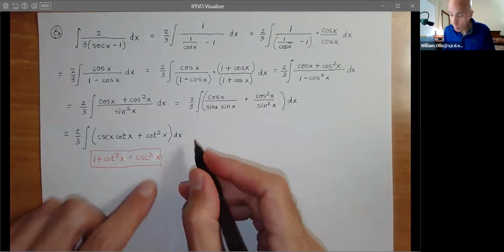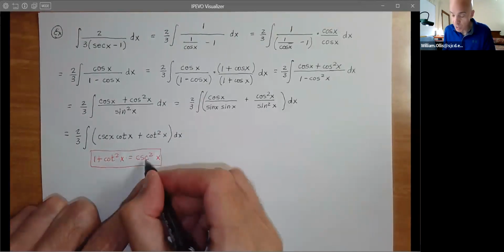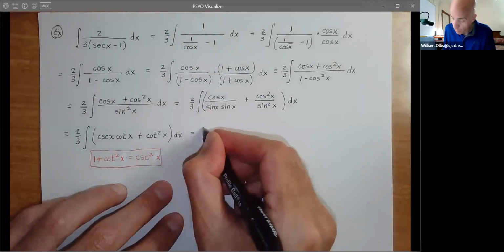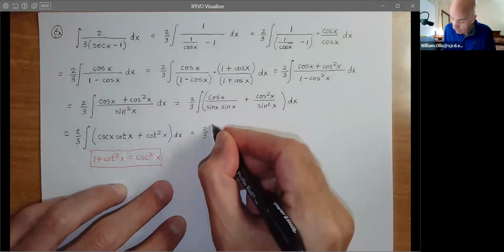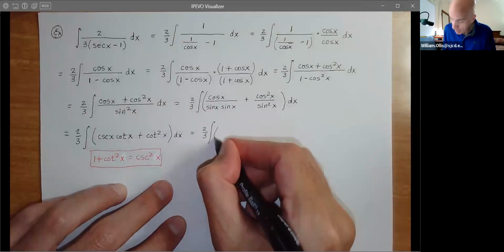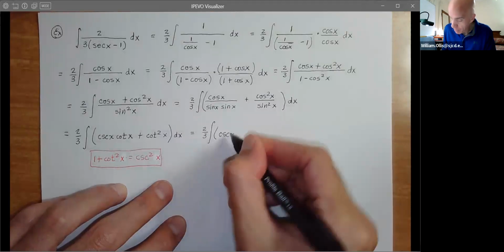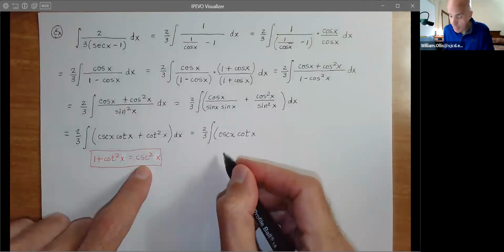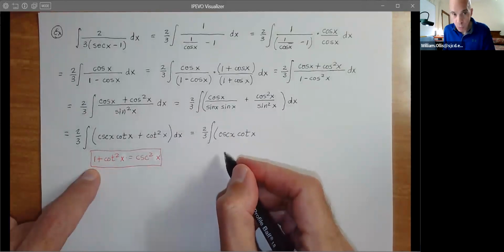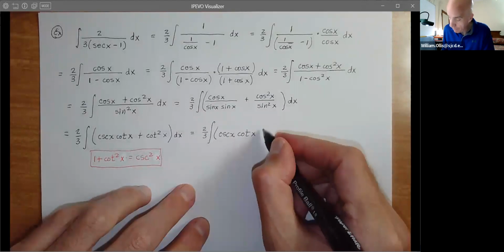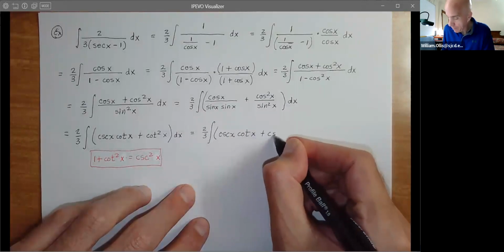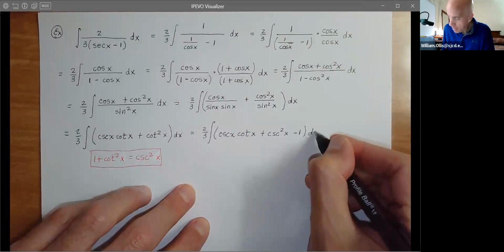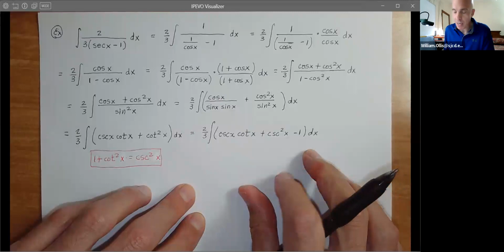So now we're going to do a replacement because we can anti-differentiate the cosecant squared and the 1. So this is going to give us a 2/3 cosecant x cotangent x. And now this will be replaced with cosecant squared minus 1, just transposing the 1. Okay, so now these are all antiderivatives that we know.